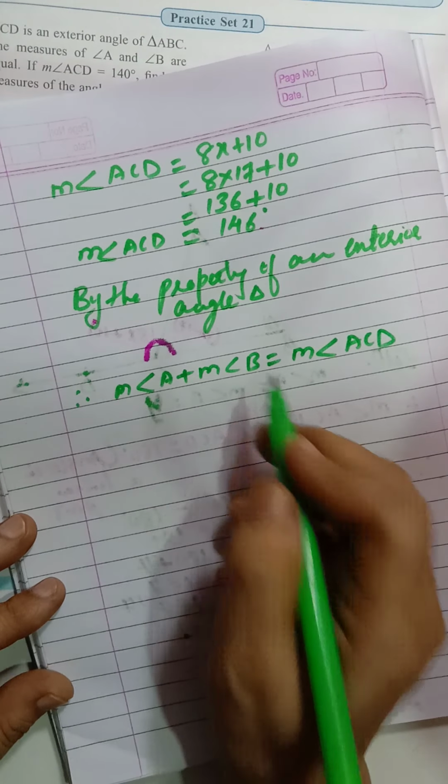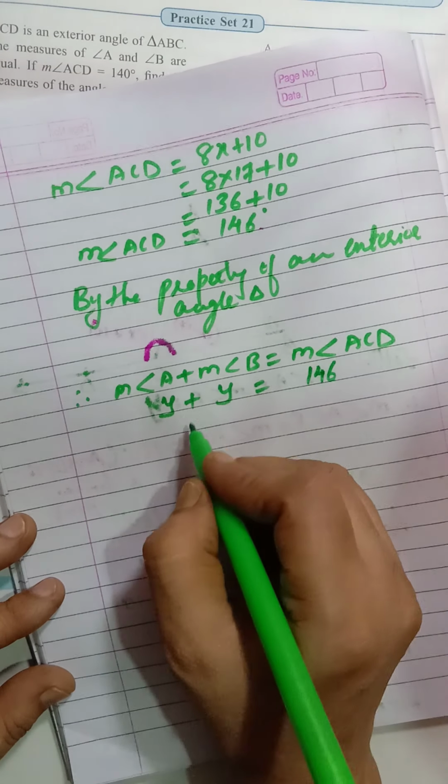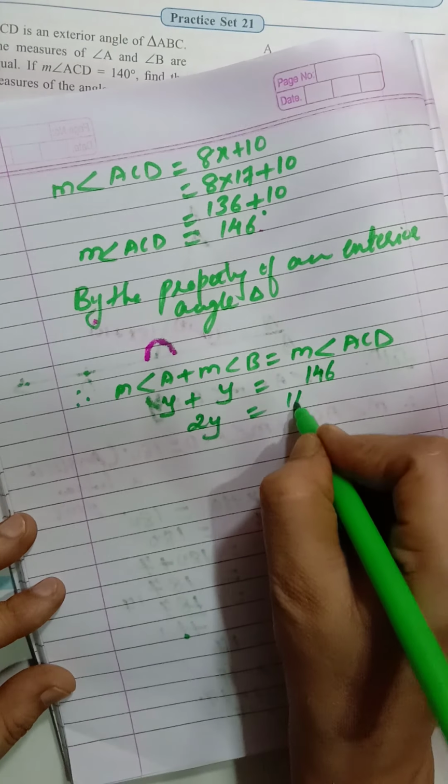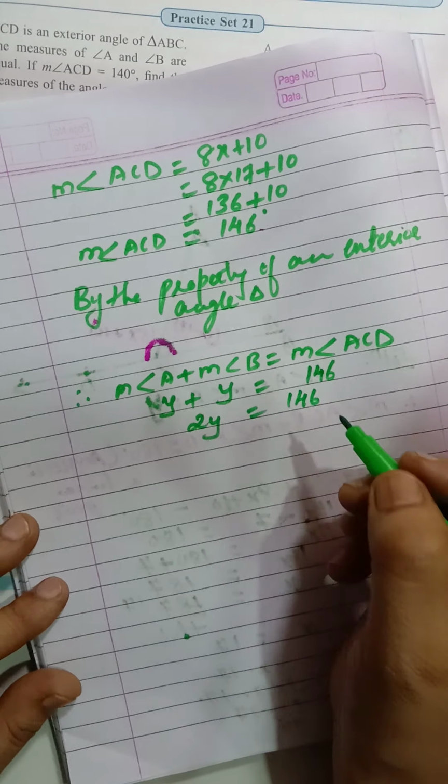So y plus y is equal to angle ACD, that is 146 degrees, which we have already calculated. So it becomes 2y is equal to 146 degrees. So y is equal to 146 upon 2. Two ones are 2, two 73s are 146. So y is equal to 73 degrees.